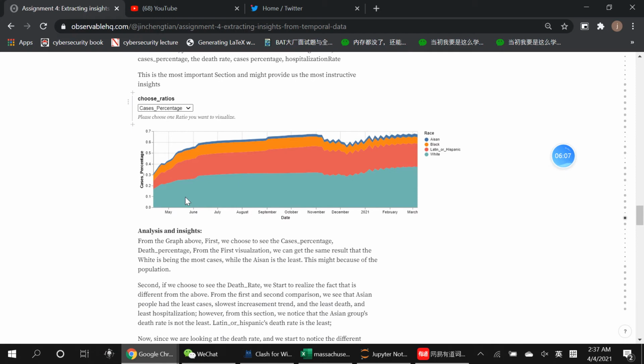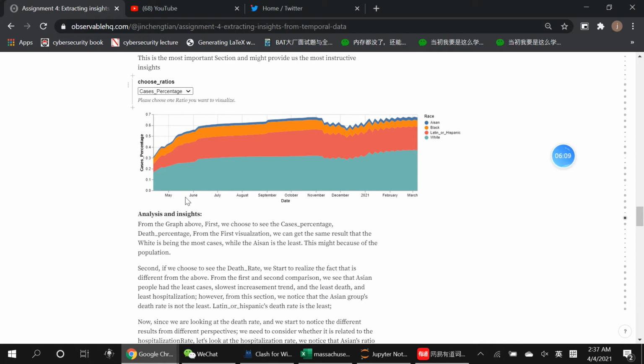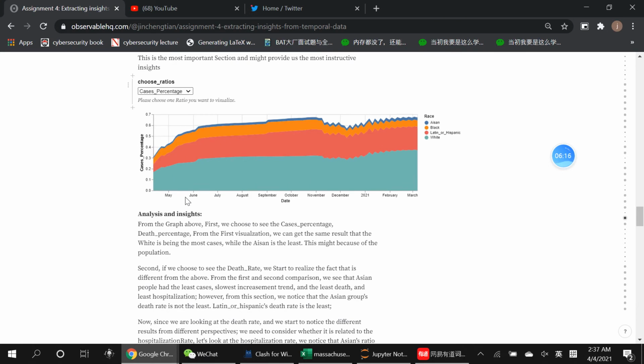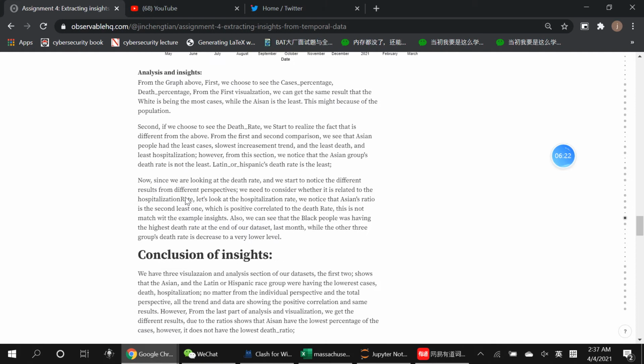Asian people do not have the lowest death rate, and also have the second lowest hospitalization rate, which is different from the results of the above two sections.